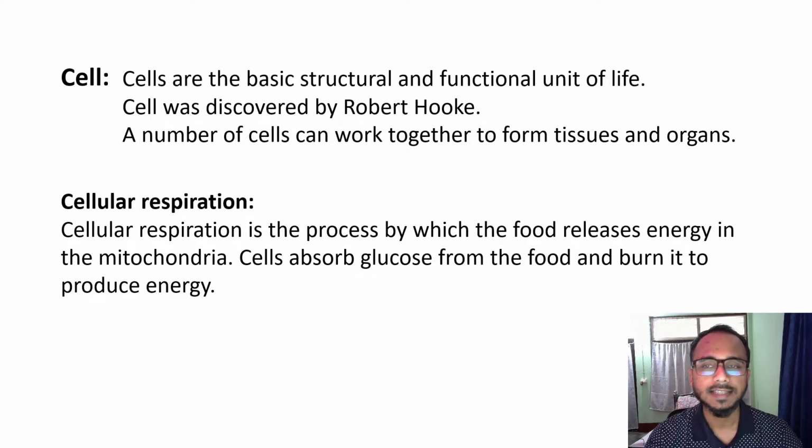Since the cell is a functional unit of life, it does some work. Anything that does some work needs energy, right? So we come to the term cellular respiration. What is cellular respiration? Cellular respiration is the process by which food releases energy in the mitochondria. Cells absorb glucose from the food and burn it to produce energy.